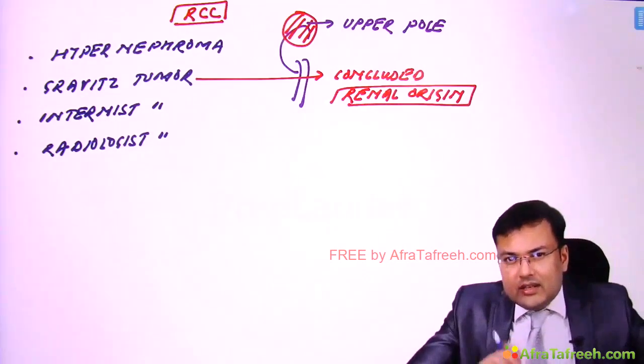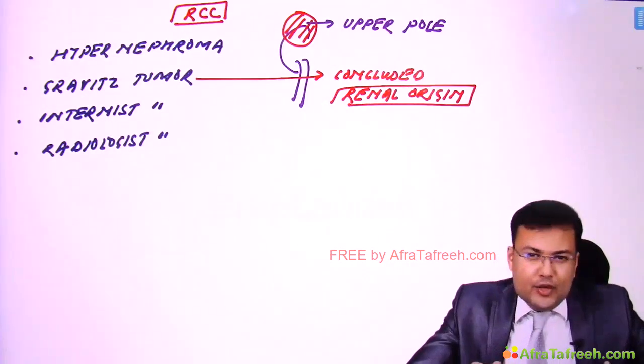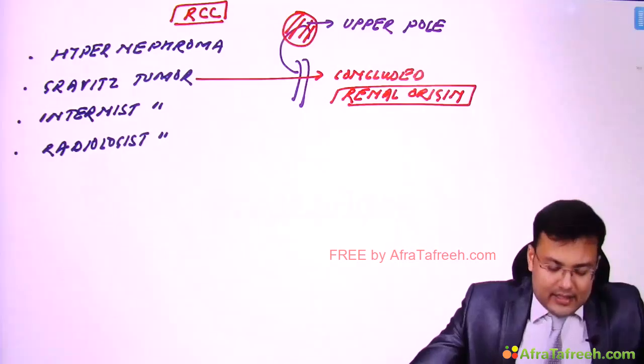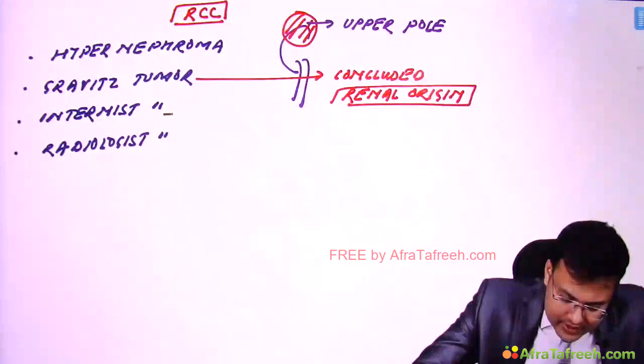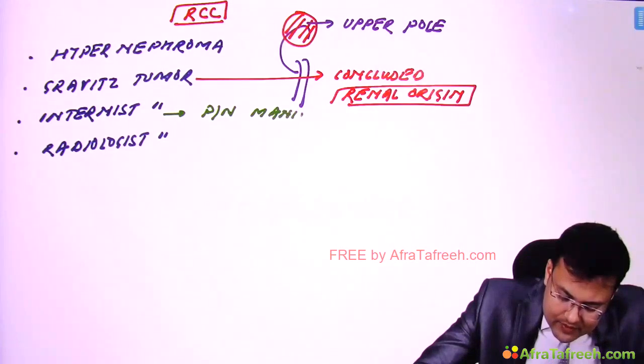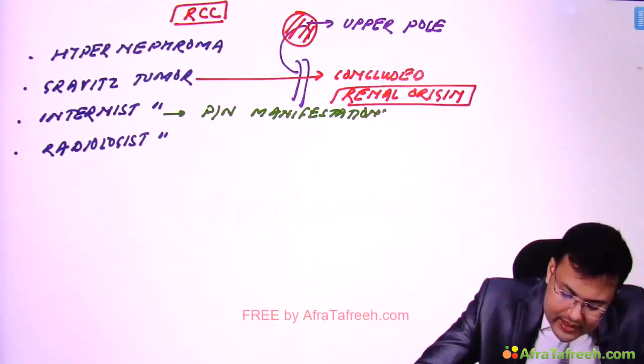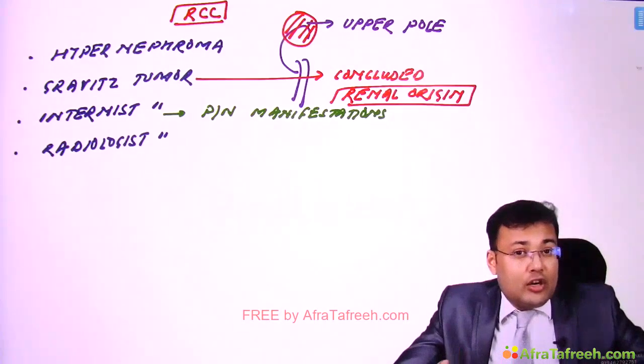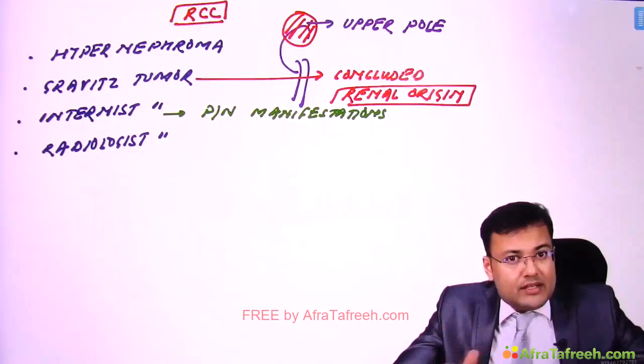Why is it known as internist tumor? Because of the paraneoplastic manifestations associated with RCC. And in RCC there is a prolonged period of stable disease, meaning for a long duration the tumor is there but it is asymptomatic.